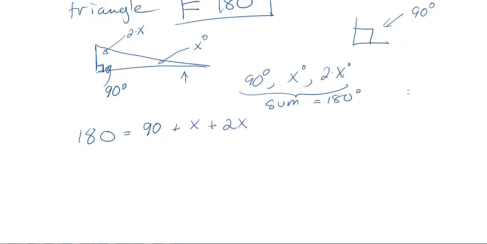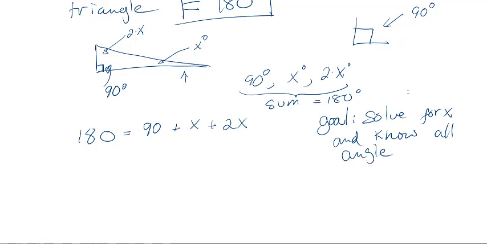So we wrote that out. Now we can go ahead and use our various equality properties and other properties of arithmetic in order to solve for x. So our goal is to solve for x and know all angle measures.